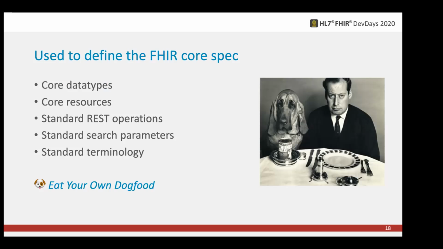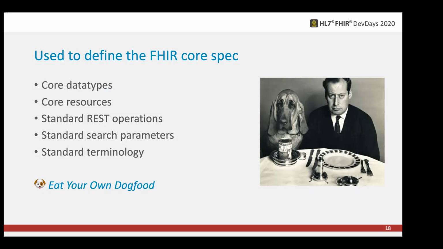Now, I've mentioned that the structure definition is used to describe data types and resources. And this is exactly what the FHIR specification itself does as well. You will see that all of the FHIR core spec is defined inside of these structures.